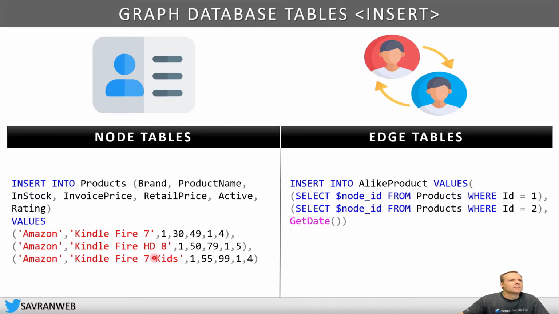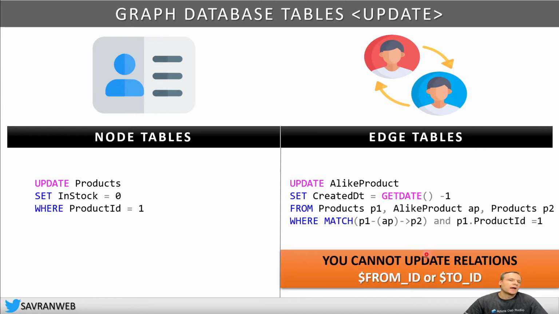I'm guessing it's going to be Kindle Fire HD8. So what I'm really doing here is creating a relation between 2 products, and I'm saying this product is like that product. All I have to do is get their node IDs and put them in the right order in the relation table. Now, don't forget, you cannot update relations. Don't forget that.